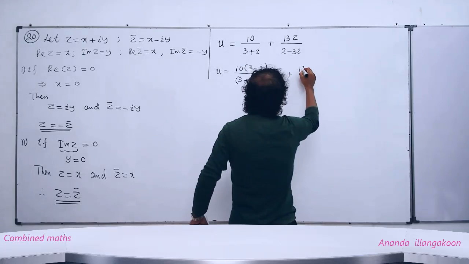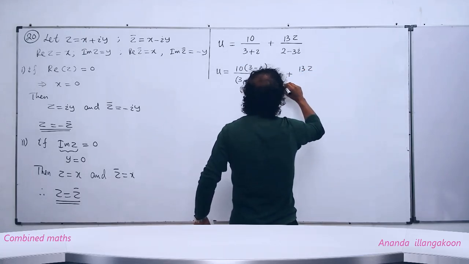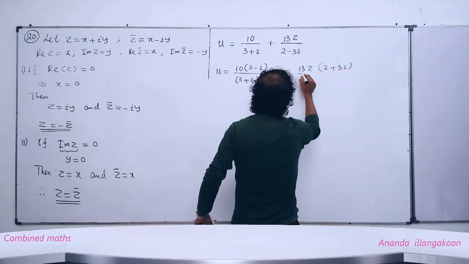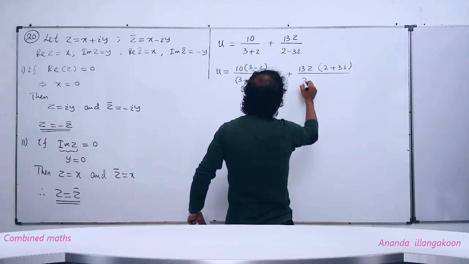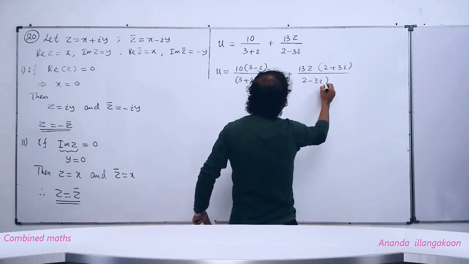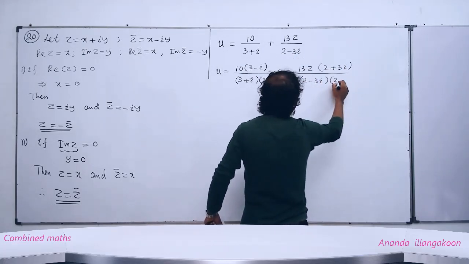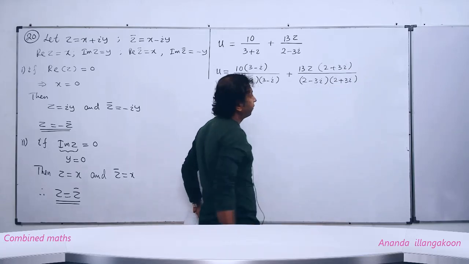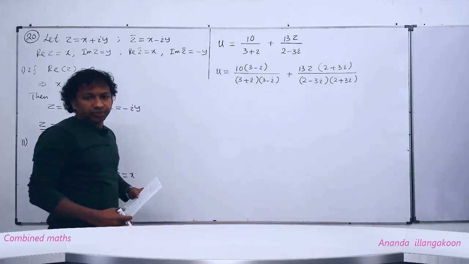Here 13z, this conjugate is 2 plus 3i, no? Multiply both denominator and numerator by the conjugate of the denominator, 2 plus 3i. Okay. Now, people, simplify this.